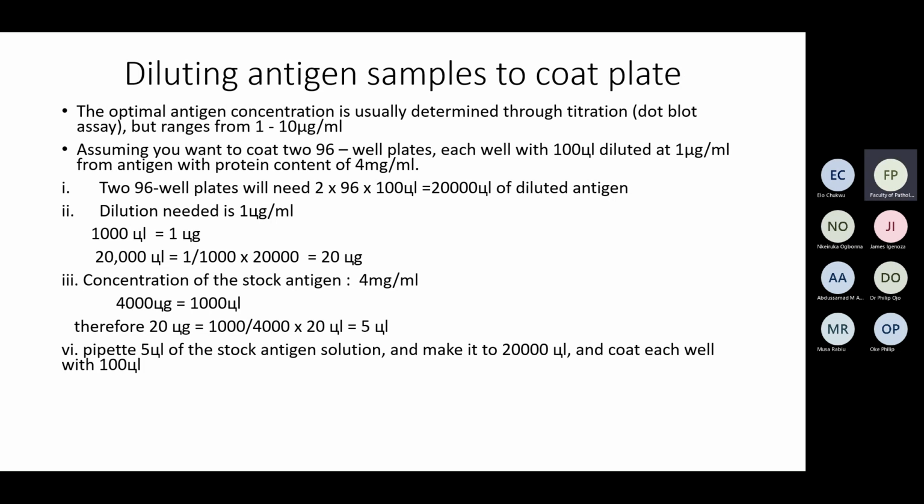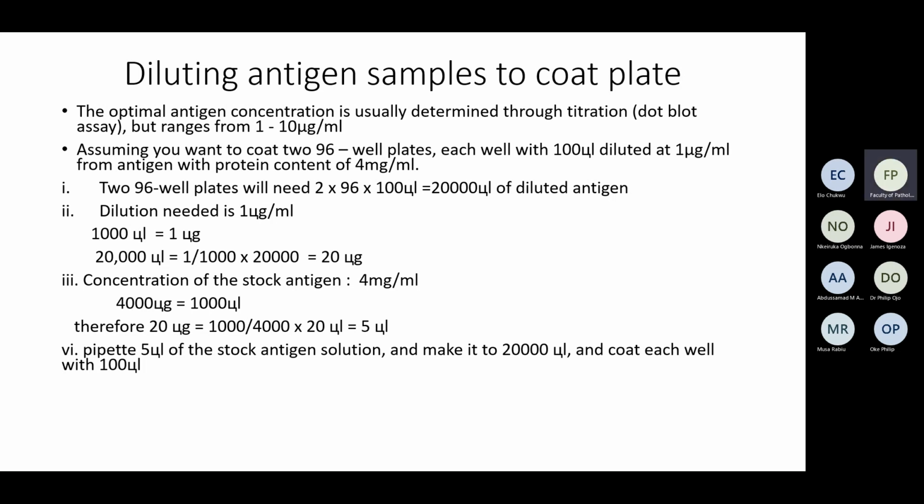Now, still assuming that you have your 96-well plate, I want to coat each plate with antigen diluted to 1 microgram per mil.